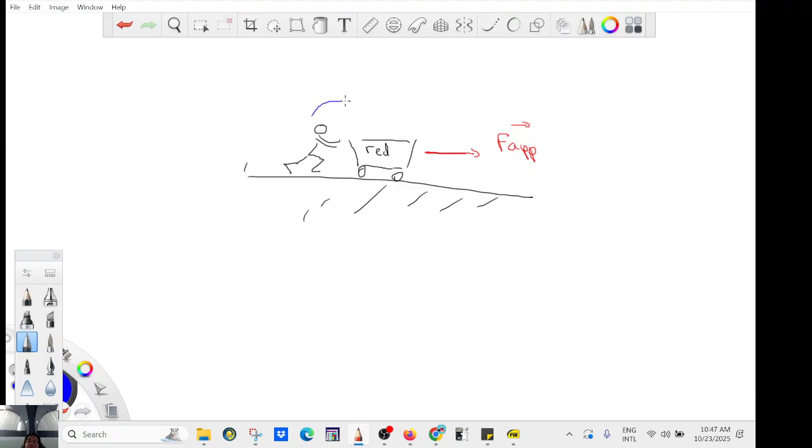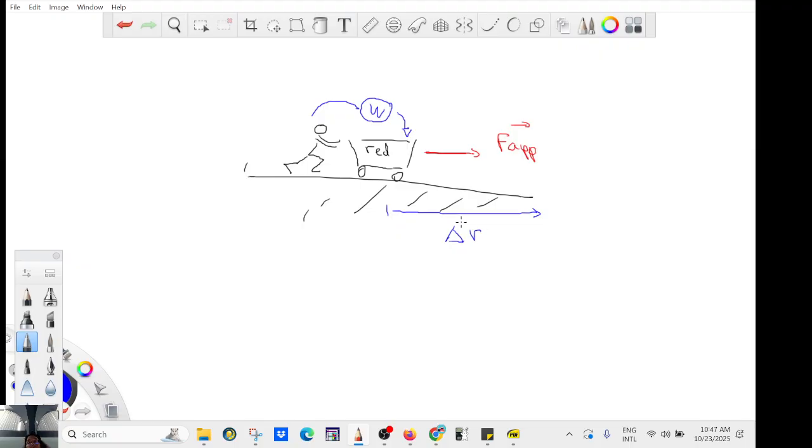You are burning fuel, and you are transferring energy from you to this system here. And the work is done only if the work that you are doing makes it move or wants to make it move, over a displacement.